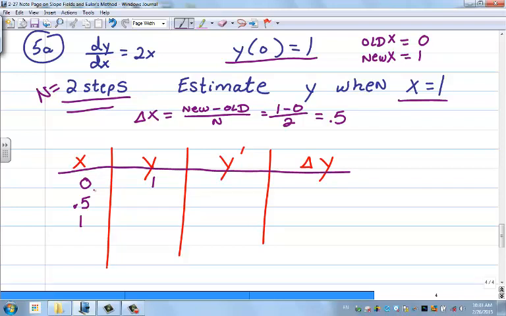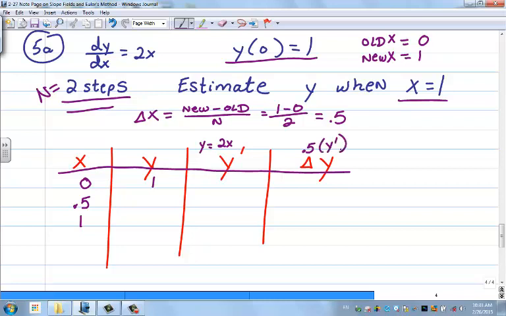Now y prime in this case is 2x. So we're going to double our x to get our y prime. Our y prime is completely not dependent on y at all. And then delta y is going to be equal to 0.5 delta x times whatever we get for y prime.